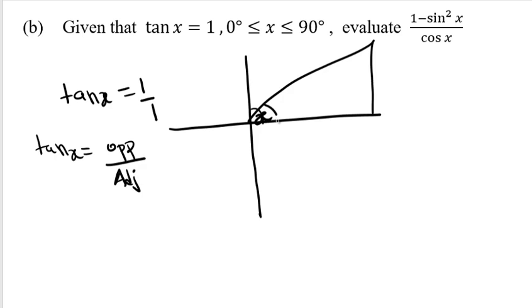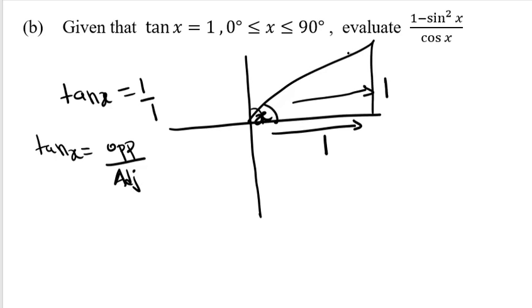So if this is our x, opposite to this particular x, which is assumed to be an angle, is this particular side. Therefore, we are going to have our 1 here. And then the adjacent, this side is the adjacent. Therefore, the adjacent is also 1. Now, before we find the value for sine x and cos x, we need to know the third side, which is the hypotenuse.